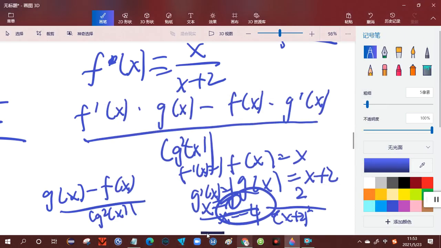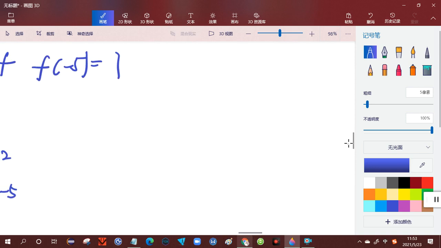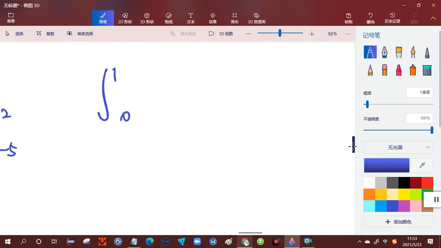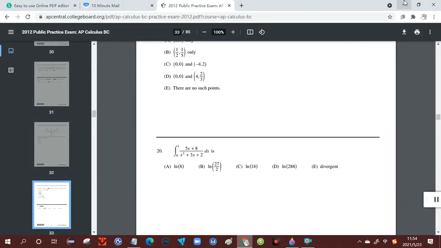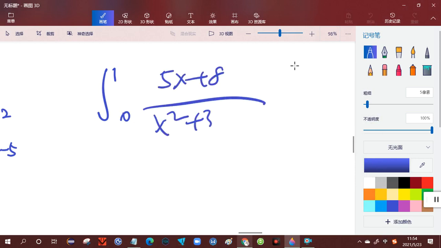Now let's look at 20. 20 is an integration by parts problem. I think it's called integration by parts. Wait, why can't I move it? Okay, integration by parts. So the problem states that (5x plus 8) over (x squared plus 3x plus 2).